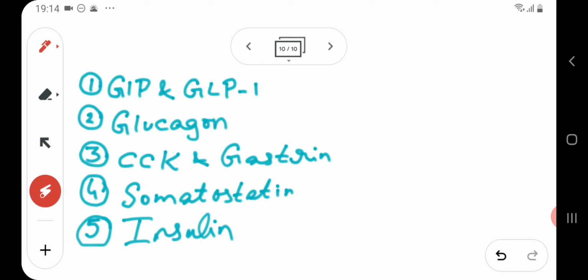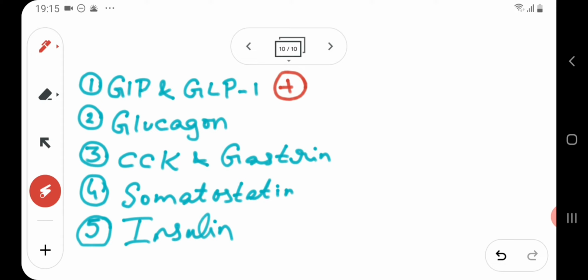When they reach the pancreas, they stimulate insulin secretion. This is an anticipatory release of insulin because it occurs before the glucose is absorbed, so it will actually prevent the surge in plasma glucose.